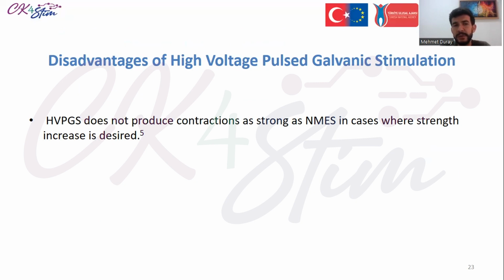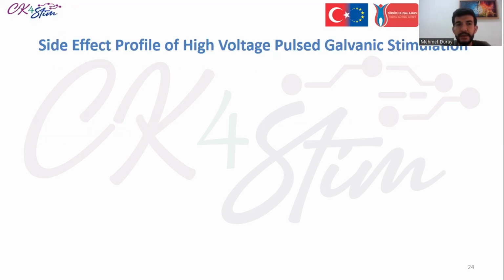High voltage pulse galvanic stimulation doesn't produce contractions as strong as neuromuscular electrical stimulation, when more increased strength is desired.